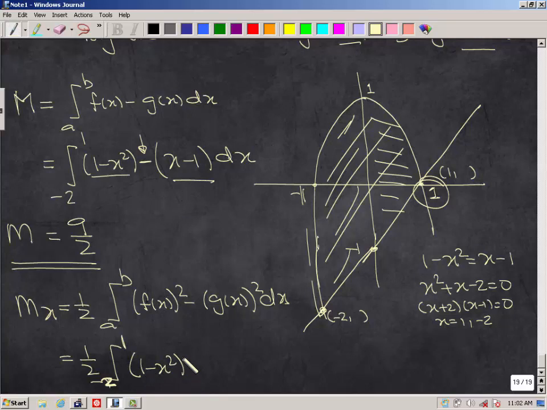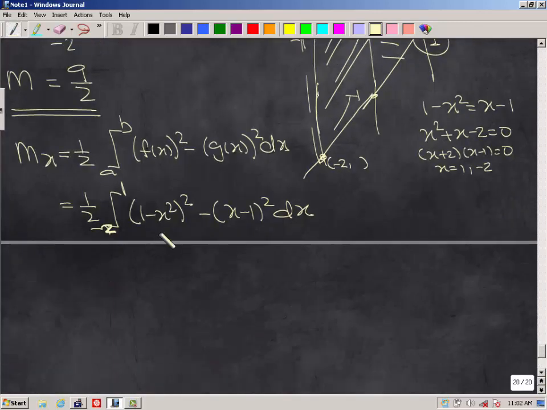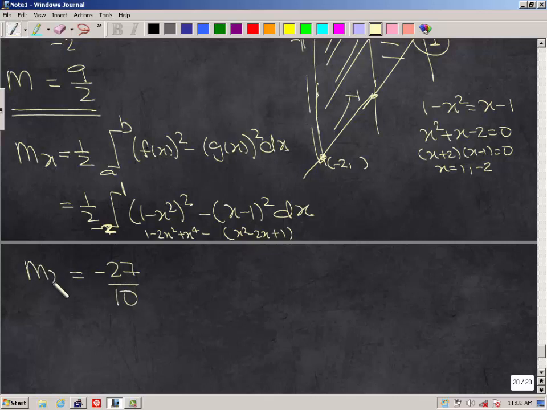You take f of x squared minus g of x squared dx. Now this integral will take a little bit to do. It's not difficult. You'll have to expand this. You get 1 minus 2x squared plus x to the 4th, minus x squared minus 2x plus 1. You distribute the negative, collect the terms, and then you end up doing it term by term. So if you do that, you get negative 27 over 10. So that is m sub x.